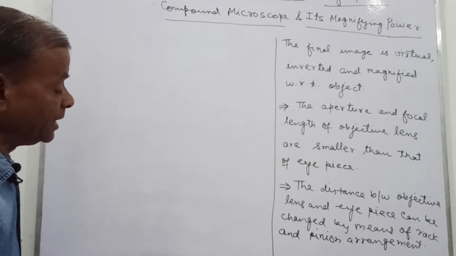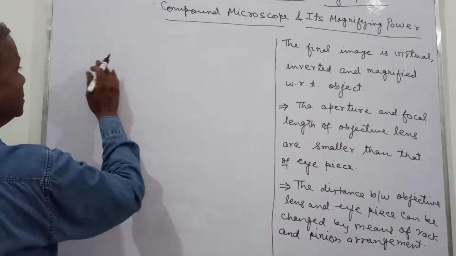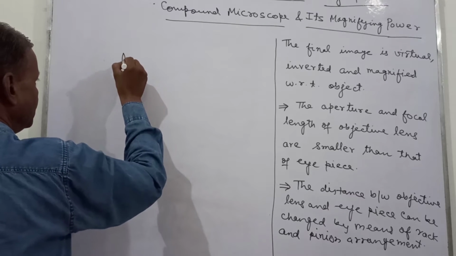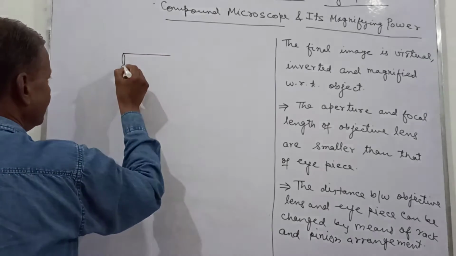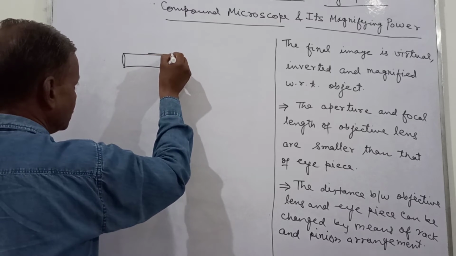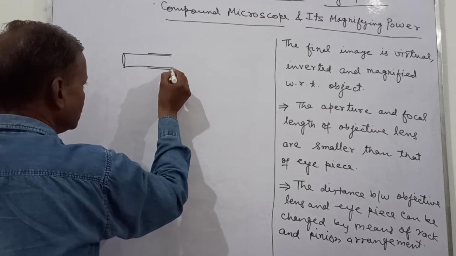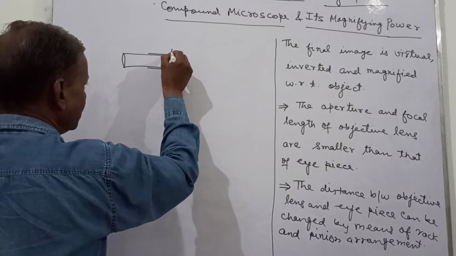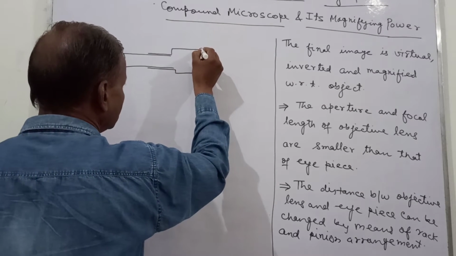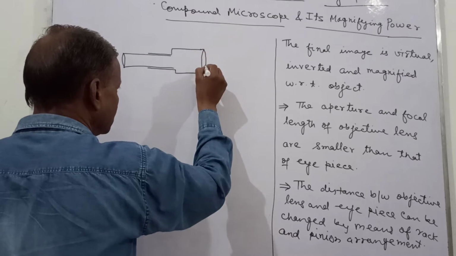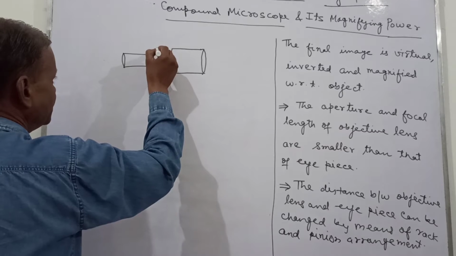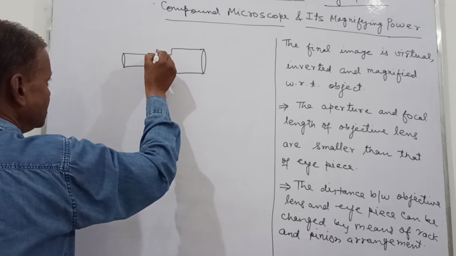So now I am telling you that this is the convex lens. There is another tube, and this is the rack and pinion arrangement at this point that we have.